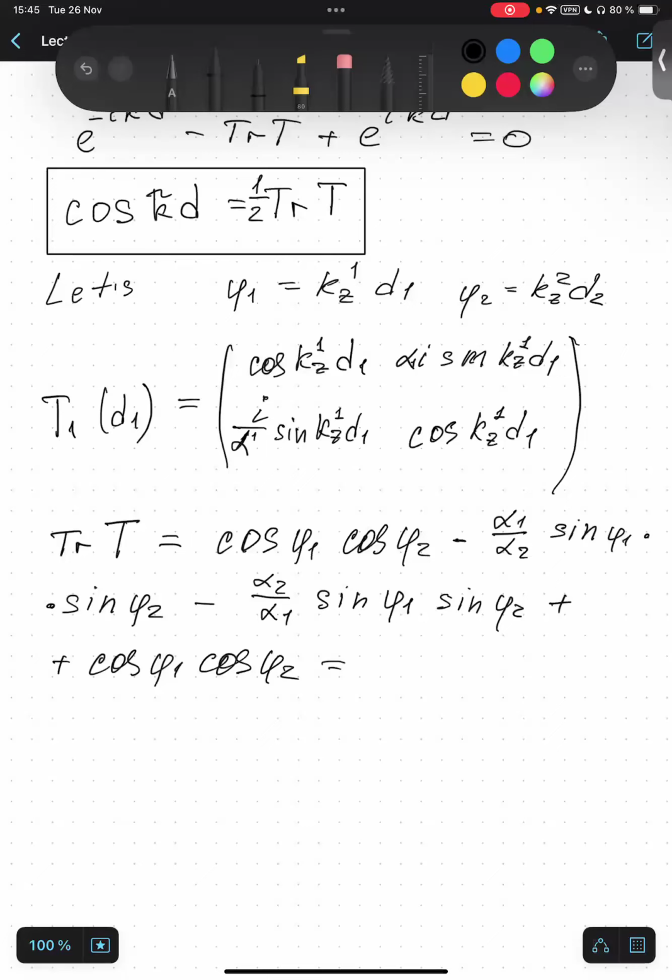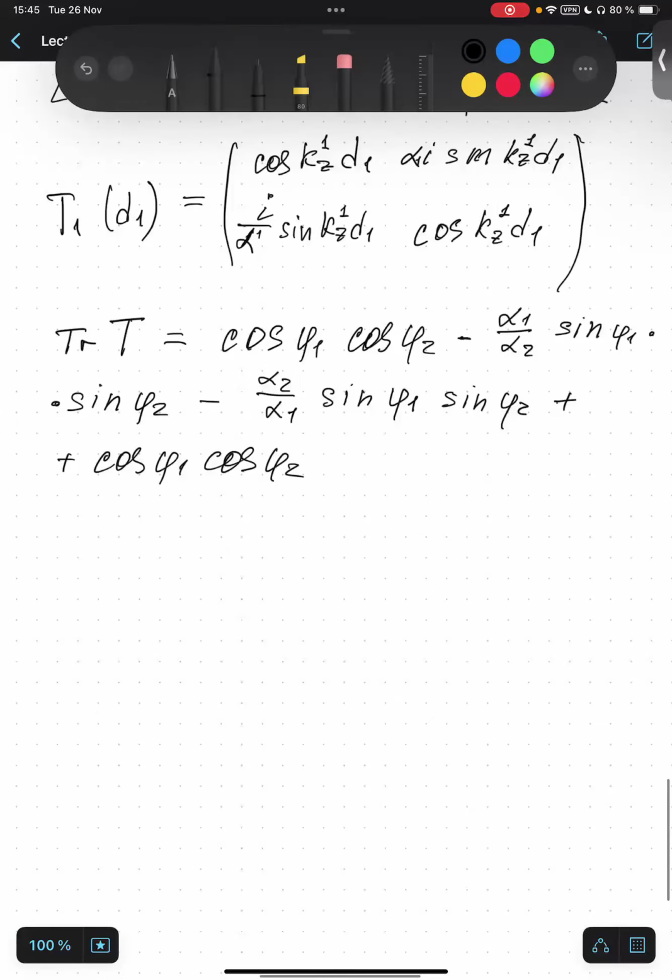And just group sines and cosines, and let's rewrite the final dispersion equation. Cosine k d equal to cosine phi 1 cosine phi 2.